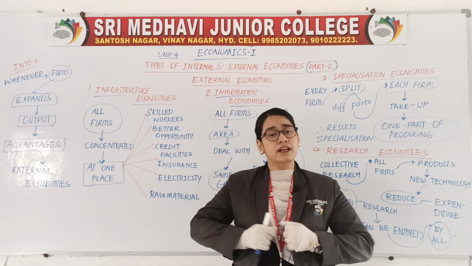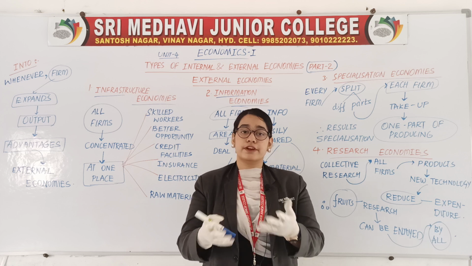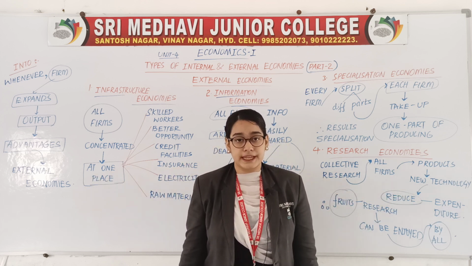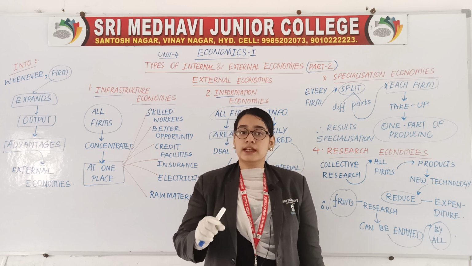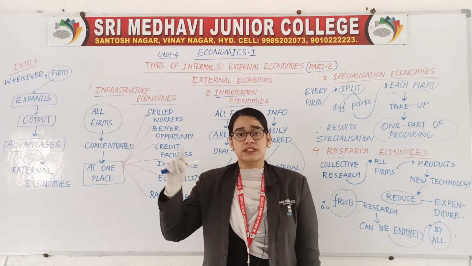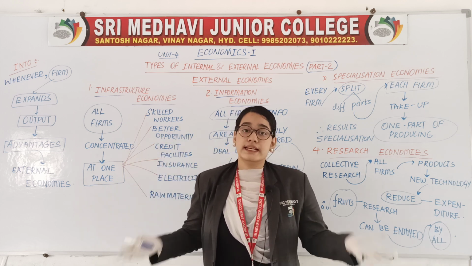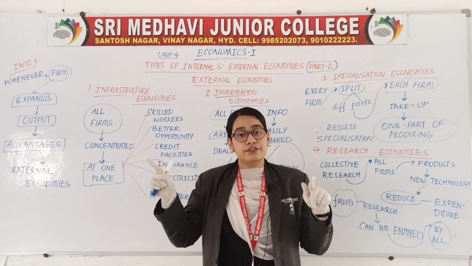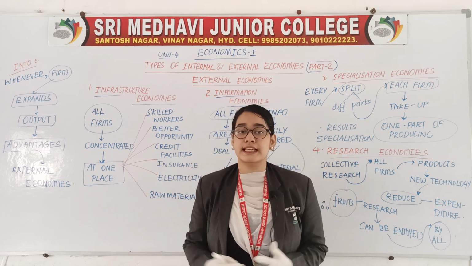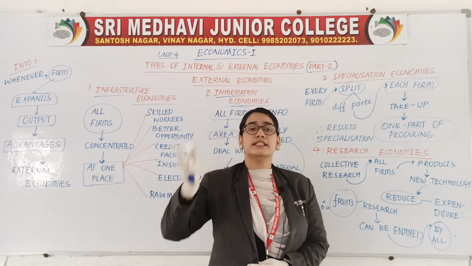Like for example, when a teacher teaches some topic in front, all the students are sitting in the same place. It's not like 50 students are sitting in 50 classes. Is it possible? No. If 50 students sit in one class, information can be easily shared. Now imagine the students as firms.